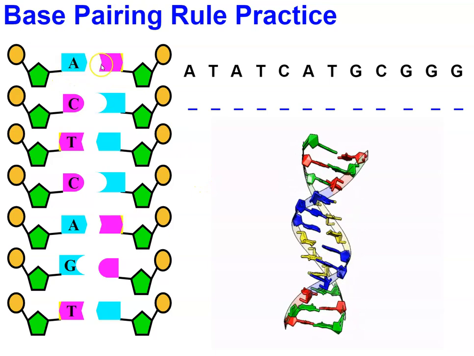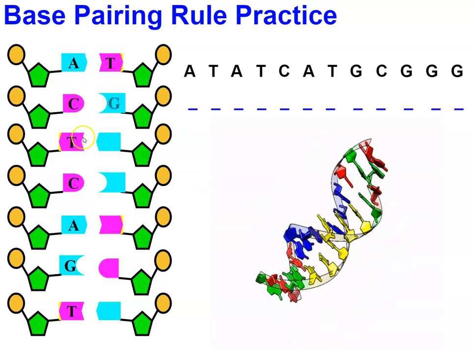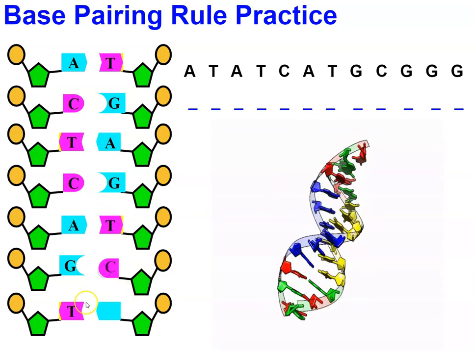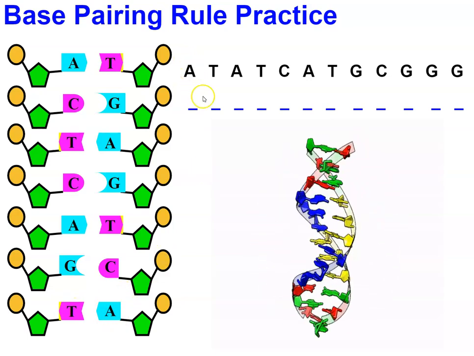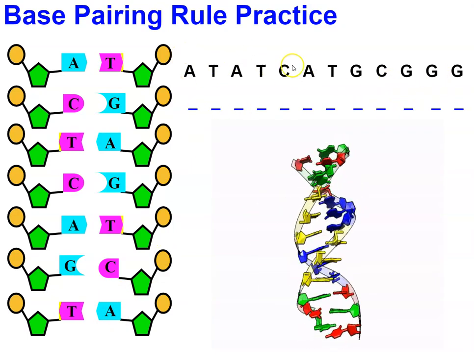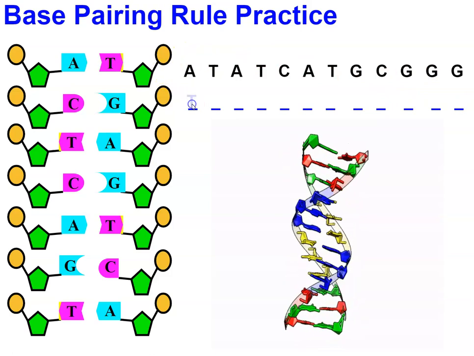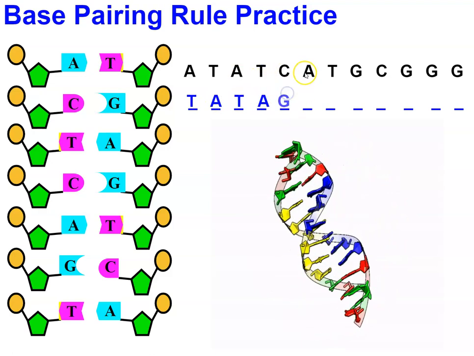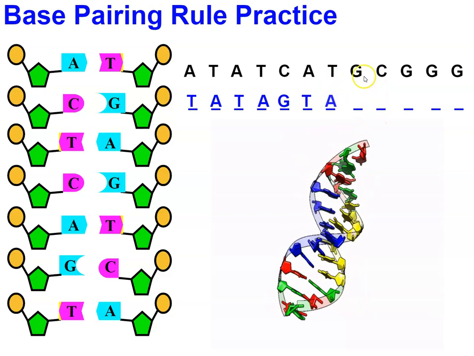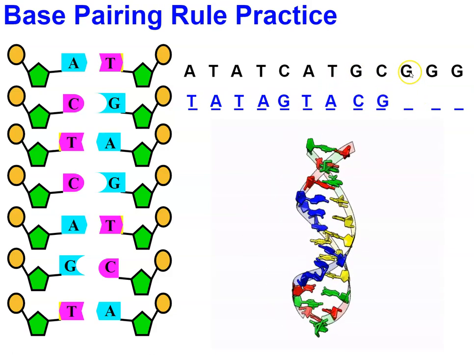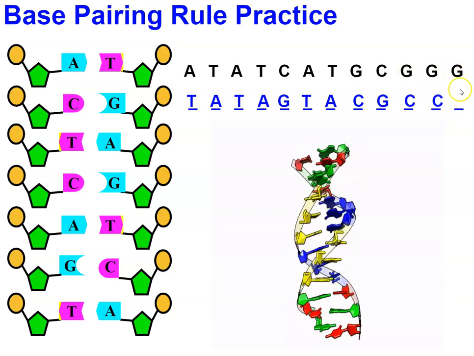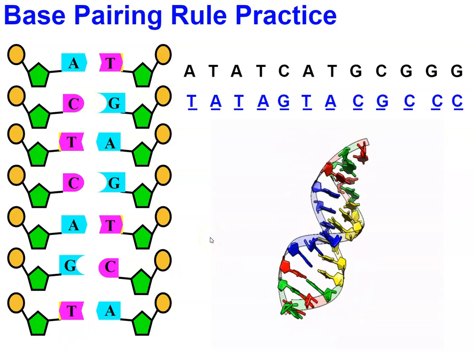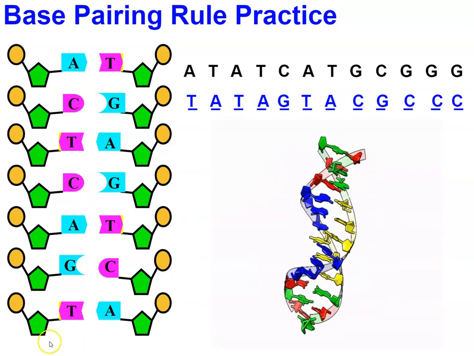Of course, A matches up with T, C with G, T with A, C with G, A with T, G with C, T with A. And then if we do the complementary sequence for this sequence, A matches up with T, T with A, T with A, T with A, C with G, A with T, T with A, G with C, C with G, G with C, G with C, and of course G with C. And I'm sure you all got that correct, because it's not that hard. All you've got to do is remember A, T, G, C.